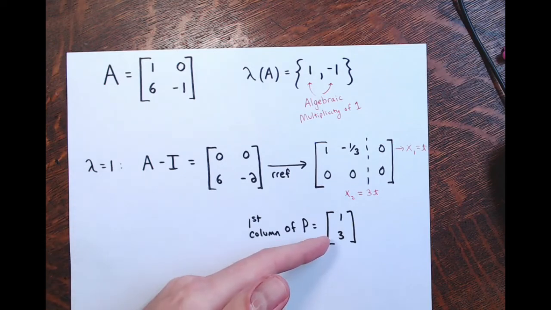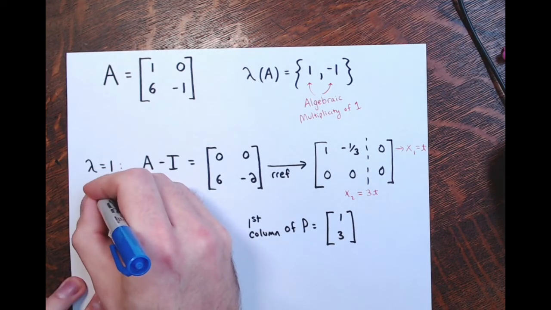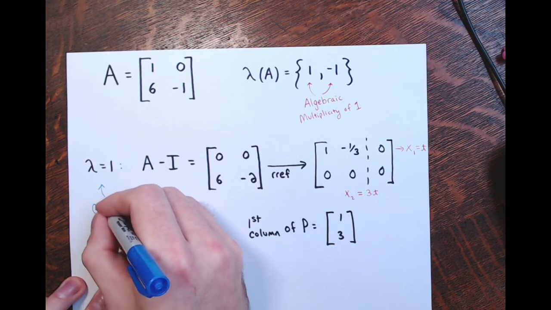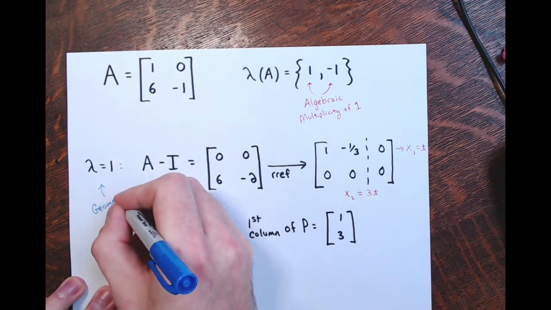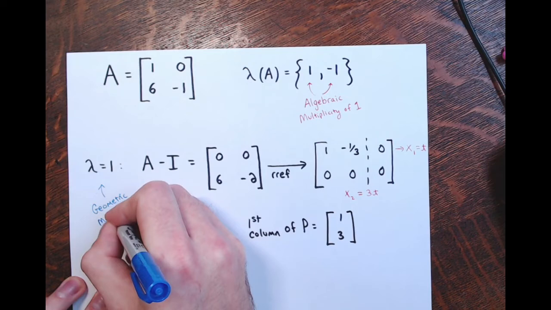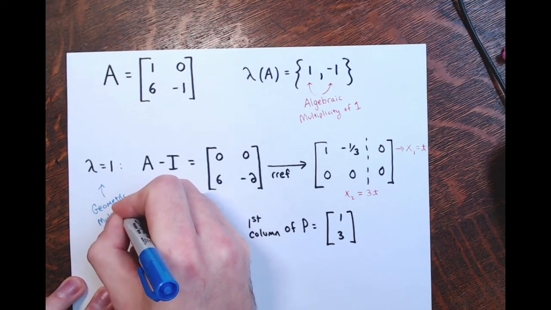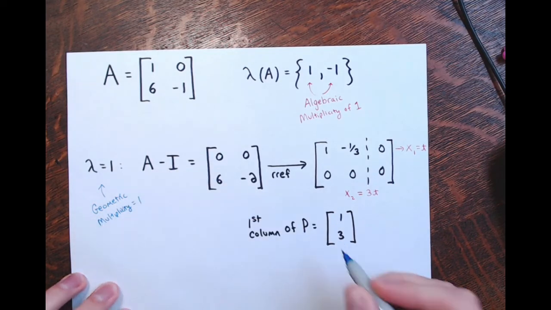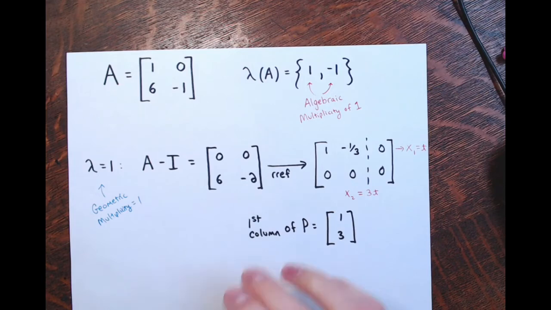The set with this vector would be a basis for this. So that means that lambda equals 1 has a geometric multiplicity that's also 1, because its eigenspace has a dimension of 1. So the algebraic and geometric multiplicities are going to be the same for both of them.